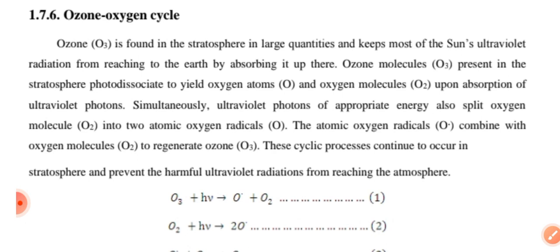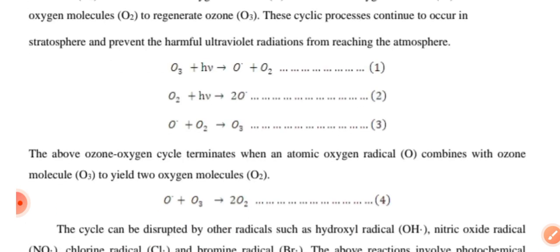Simultaneously, an ultraviolet photon of appropriate energy also splits an oxygen molecule, O2, into two atomic oxygen radicals, O. The atomic oxygen radical O combines with an oxygen molecule, O2, to regenerate ozone, O3. This cyclic process continues to occur in the stratosphere and prevents harmful ultraviolet radiation from reaching the earth.